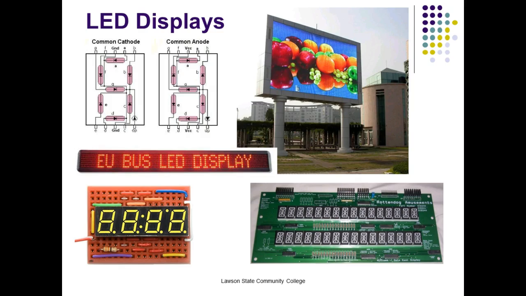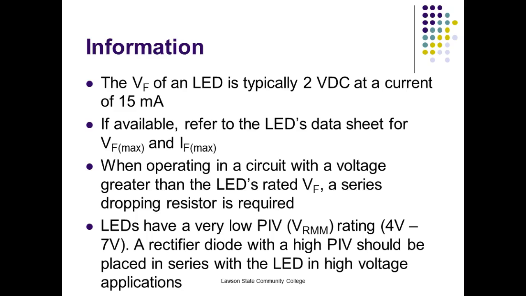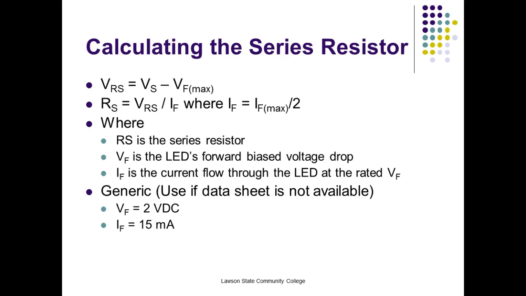Are we okay? If you don't know, normally use 3 volts or 50 milliamps if you don't have a data sheet. But if you do have the data sheet, then you look it up. This shows you how to read the data sheet.